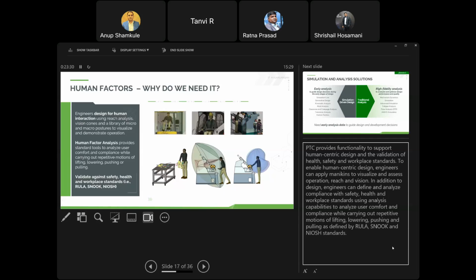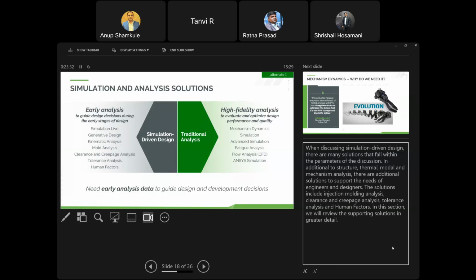So now when you look at this early analysis, which is simulation driven design, these are the tools that are part of simulation driven design. And now let us see what tools are available in terms of high fidelity analysis. Okay, so when we are discussing simulation driven design, there are many solutions that fall within the parameters of the discussion.